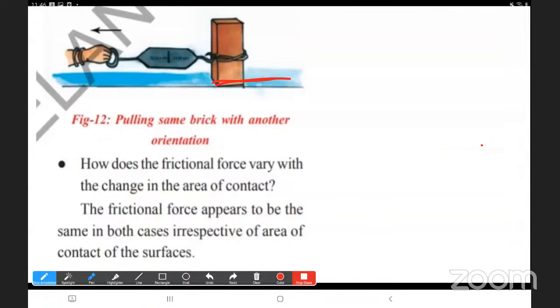So the frictional force appears to be the same in both cases, irrespective of the area of contact of the surface. Remember that the area of contact does not affect the frictional force.